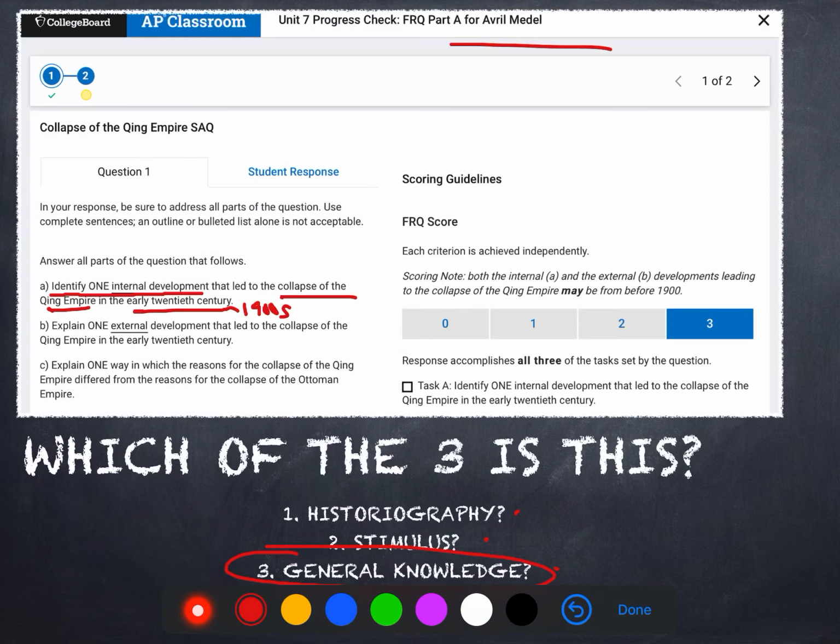It's only asking me to identify. If I only have to identify and I don't have to do anything else, I only have to write one sentence. Yes, one sentence. It's asking me to identify one internal development inside of Qing China. What happened that caused this empire to collapse in the 1900s?